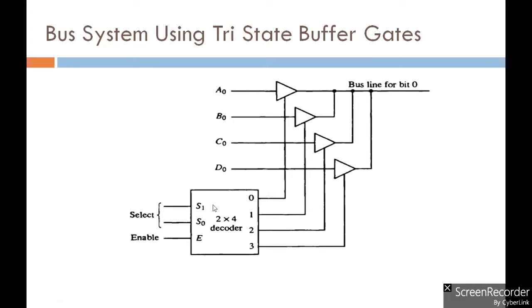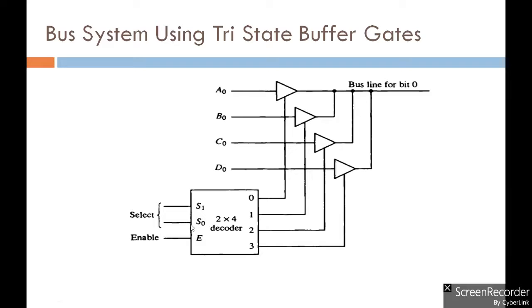Okay, now from this figure you can see that all the 4 different tri-state buffer gates are connected to a common bus line. That means at a time, from these 4 only one can transmit its data. That means if I want to transmit data from A0 to the output line, then I have to choose line 0 through this decoder.